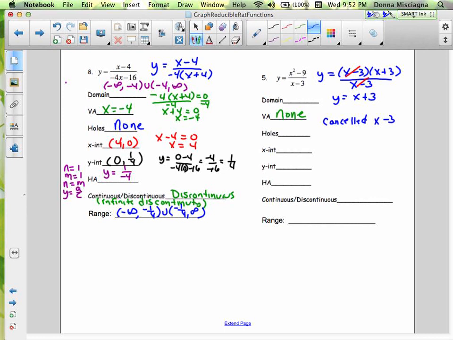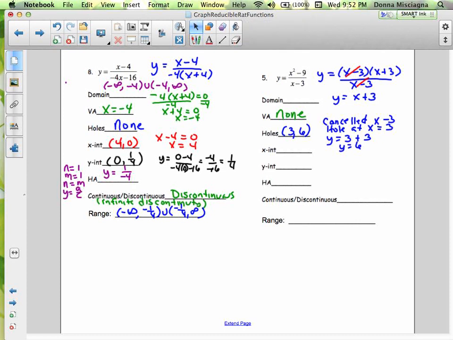So that means we have a hole at x equals 3, because we set that factor equal to 0. What's the y value of the hole? Just plug it into the reduced one. So y equals 3 plus 3, or 6. So we have a hole at (3, 6).